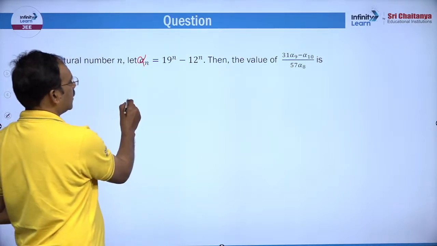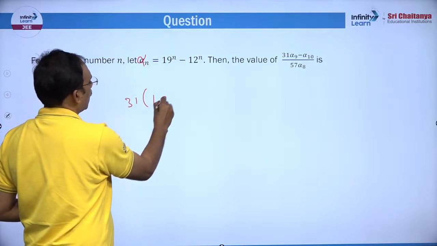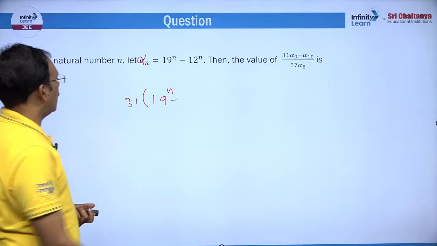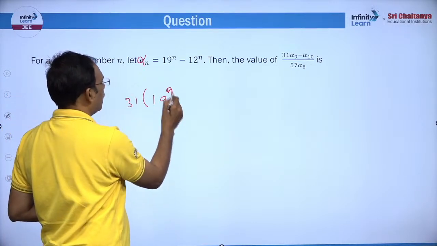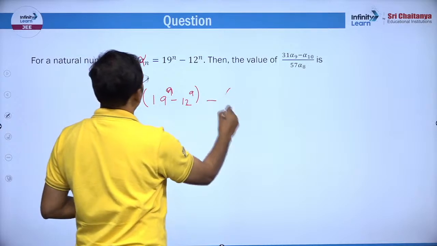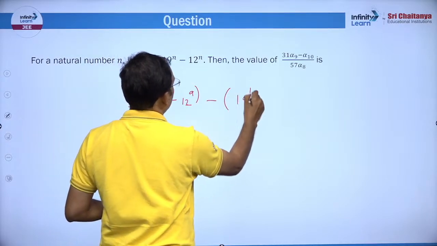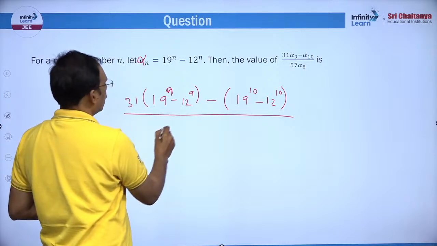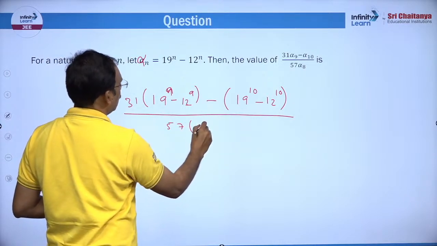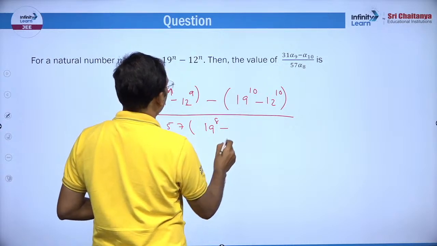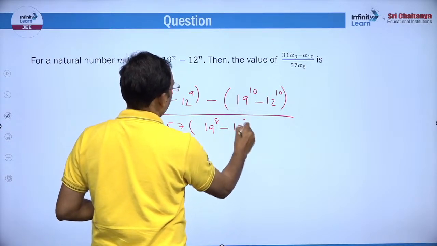See, alpha 9 means 19 power 9 minus 12 power 9, minus alpha 10 is 19 power 10 minus 12 power 10, by 57 into 19 power 8 minus 12 power 8.